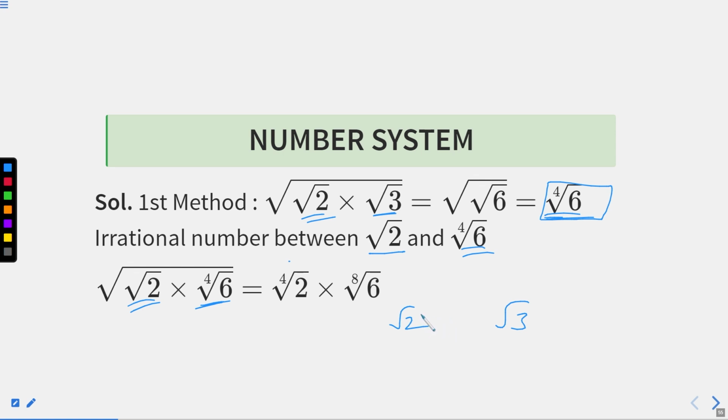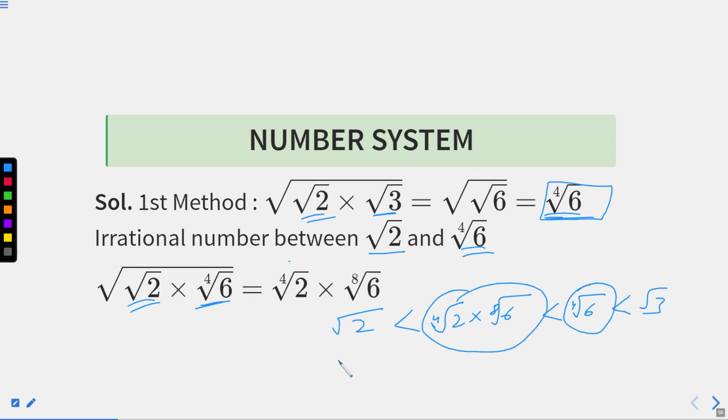Okay, clear? Root 2 and root 3. So we have root 2 less than 4th root of 6 less than root 3. So we found two irrational numbers in between root 2 and root 3.